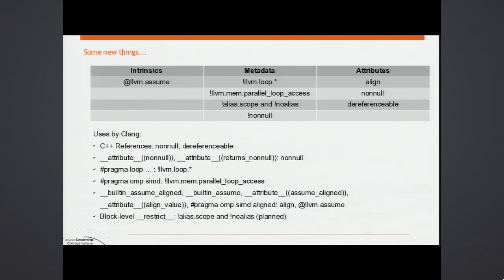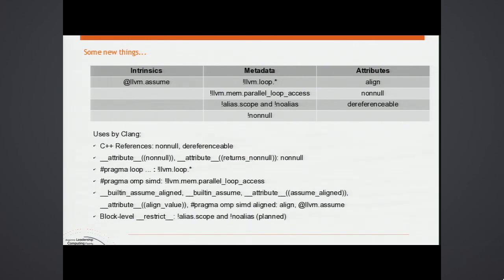Now let me say something about some new things that we have. They fall into these 3 categories. There's an intrinsic, actually one intrinsic, so maybe I shouldn't have used the plural, but it is llvm.assume, which provides general assumptions to the optimizer. I'll talk about that. We have a number of new or quasi-new pieces of metadata.